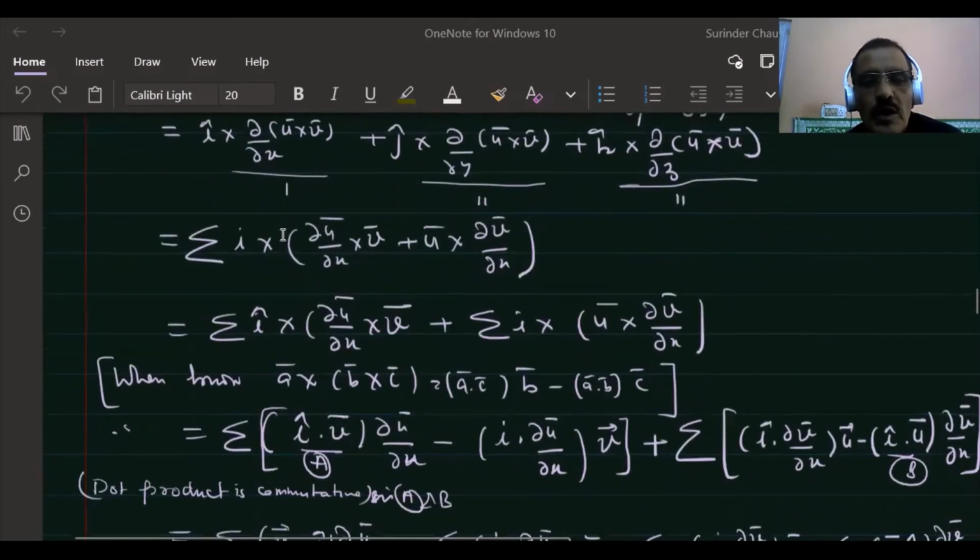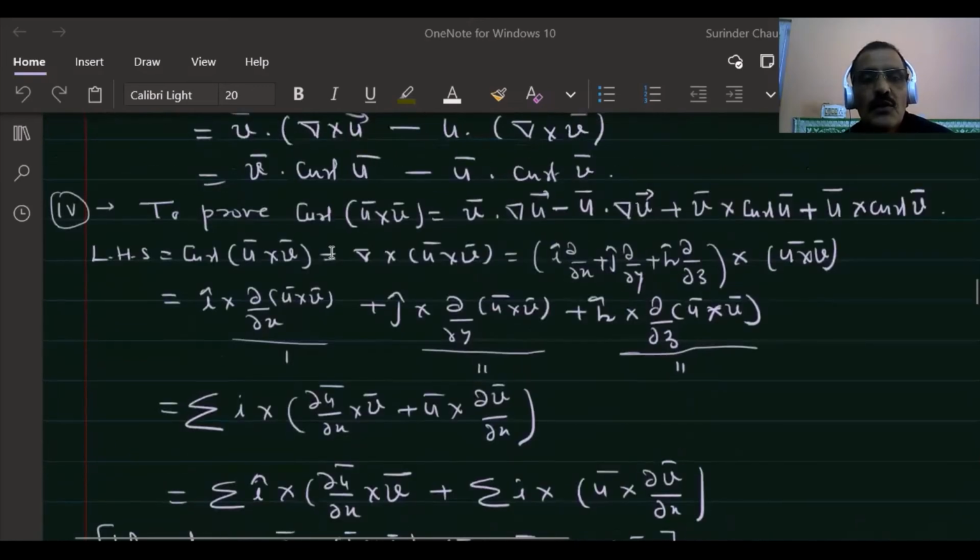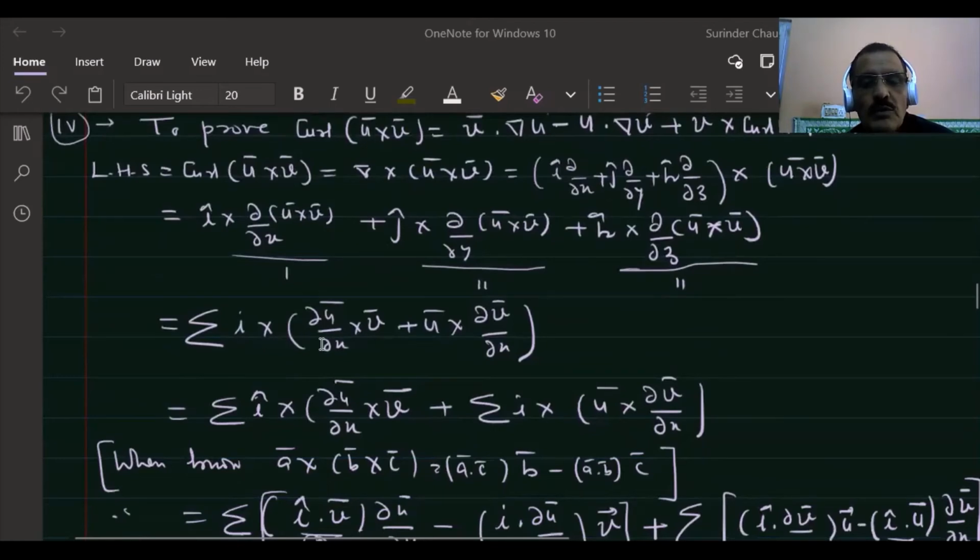Similarly we can find the other terms because they are the same. So this can be written as summation of iota cross partial of the product u cross v: iota cross the derivative product, first the derivative of u cross v plus u cross the derivative of v. Now the sum is the summation of iota cross iota, and the sum is the summation into this.